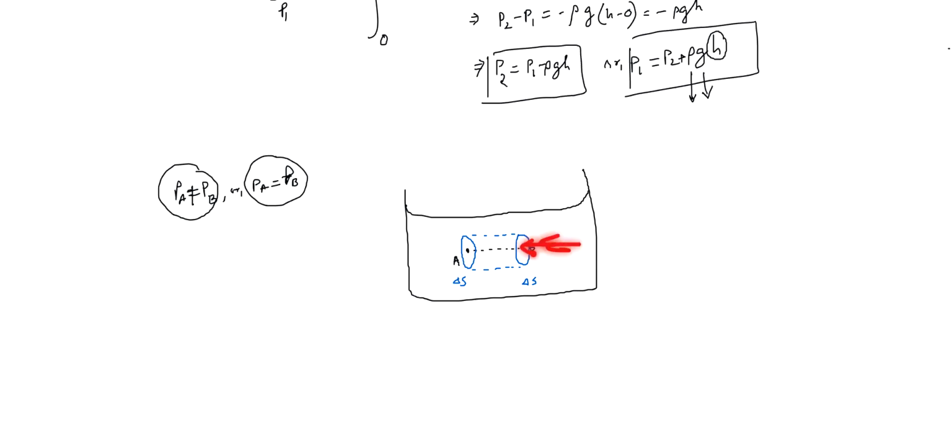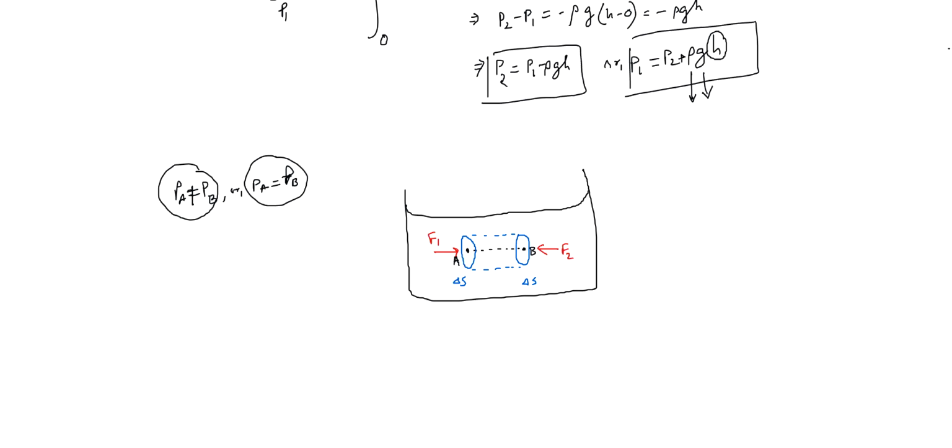So the fluid will be pressing it from this side with force F1. And the fluid on this side will be applying force in this direction. Let us say that force is F2, right?